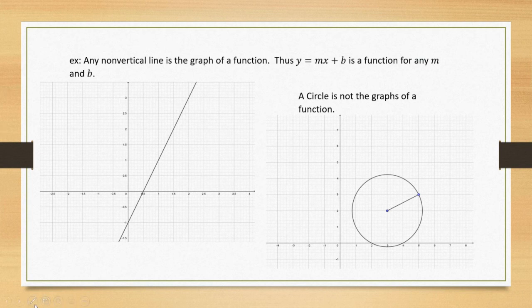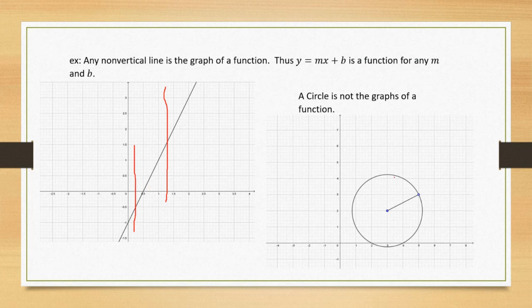Let me see if I can draw it actually. No, wrong thing. I want the pen. There we go. Now, if I draw, oh my goodness, use your imagination, that's a vertical line. But you can hopefully see that any vertical line I draw is only going to cut through that graph at most one time.